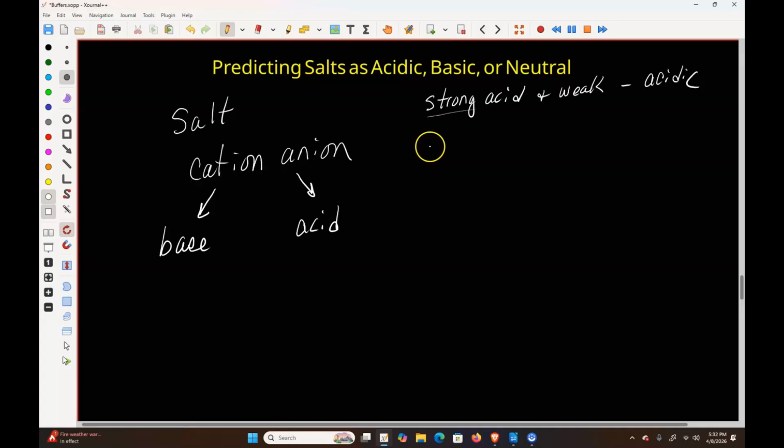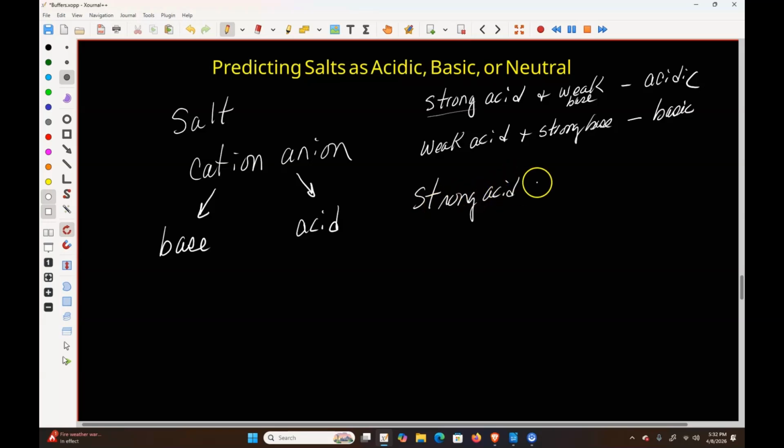If I have a weak acid and a strong base, then it's going to be basic. If I have a strong acid and a strong base, then the salt is going to be neutral.